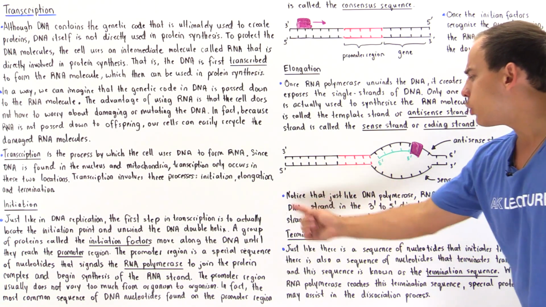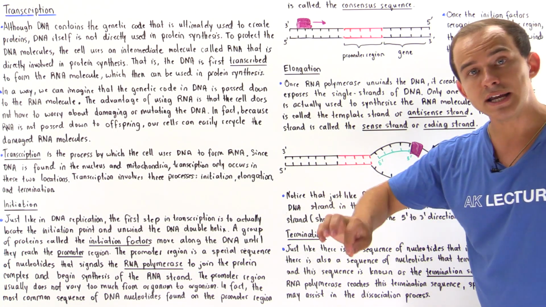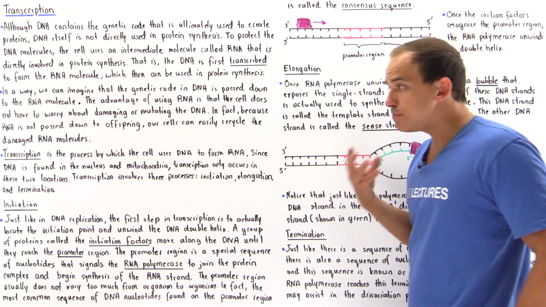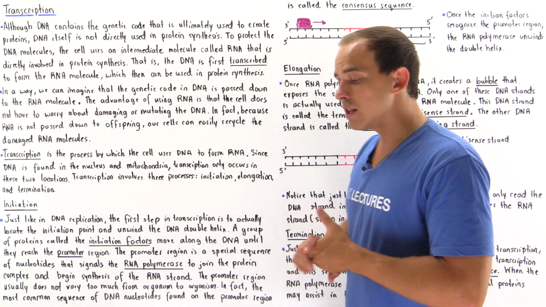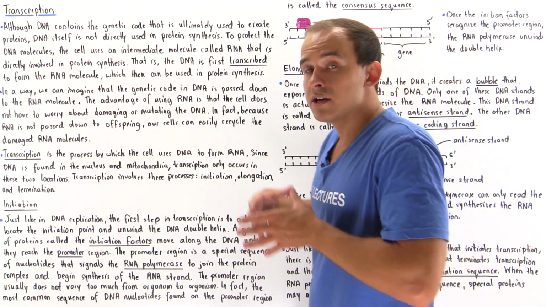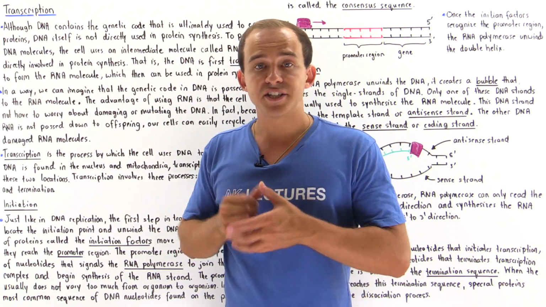Once again, notice that just like DNA polymerase, RNA polymerase can only read the DNA strand in the 3 to 5 direction, and it can synthesize the RNA strand shown in green in the 5 to 3 direction. Now, another important distinction that must be known between DNA polymerase and RNA polymerase is the following. DNA polymerase has the ability to basically correct any mismatches that are made with our base pairs.